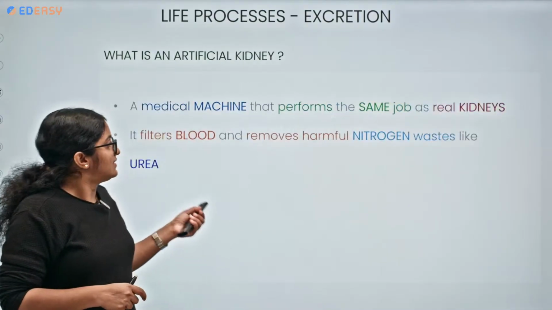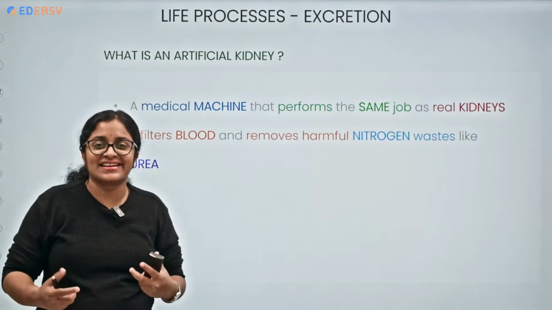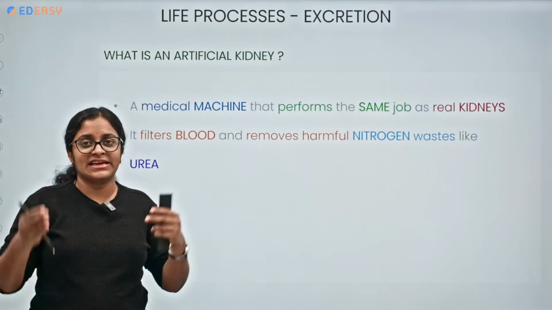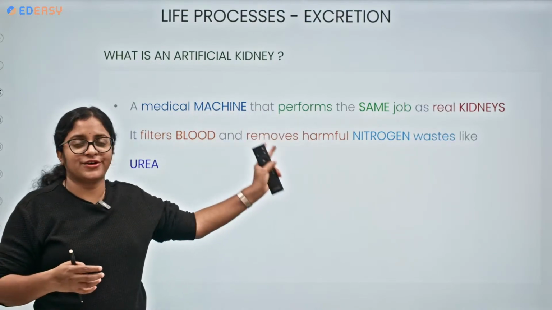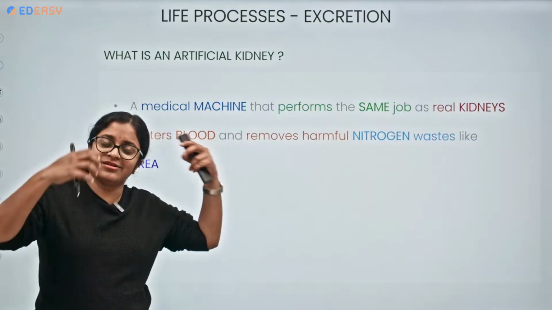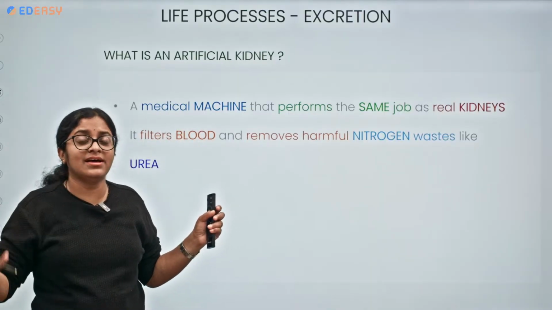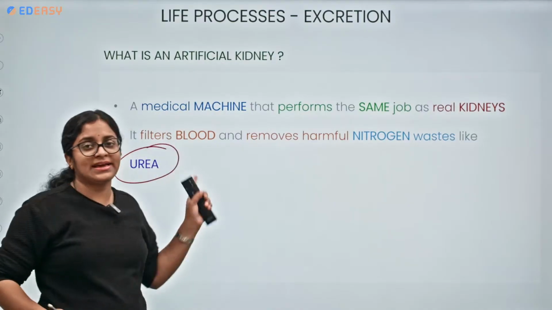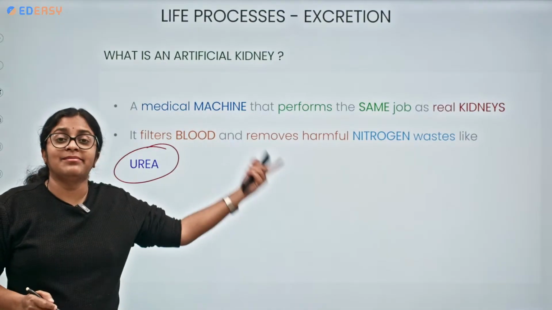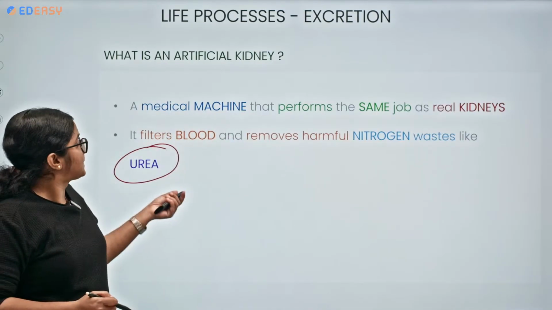So let's see what an artificial kidney is. It is a machine having the same job as real kidneys, carrying out the filtration of the blood and eliminating the waste substances. What will be the main waste? The urea, right? So it is also eliminating the urea like our kidneys.